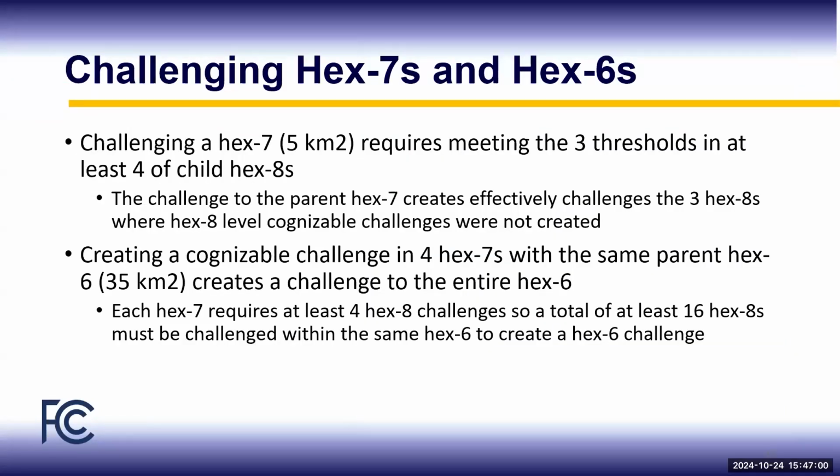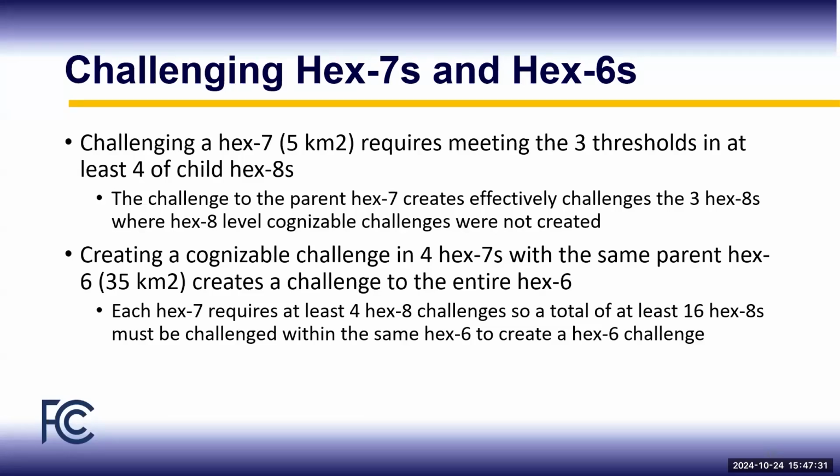It is also possible to challenge larger geographic areas than a hex 8. To challenge a hex 7, at least 4 of its child hex 8s must be challenged by satisfying the geographic, temporal, and testing thresholds for either download or upload speeds. Therefore, the area of 7 hex 8s, or about 5 square kilometers, is challenged by creating cognizable challenges to just 4 of the child hex 8s.